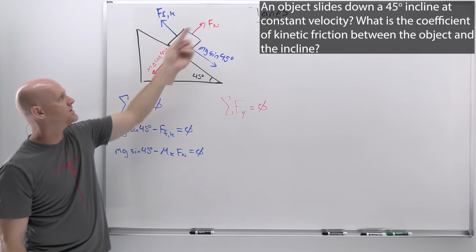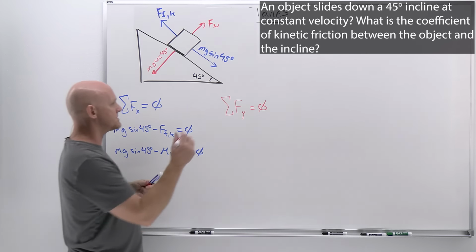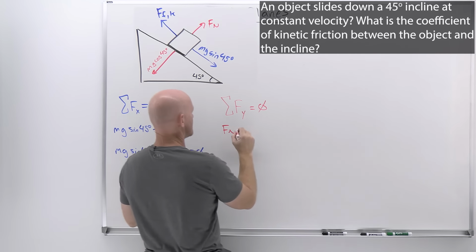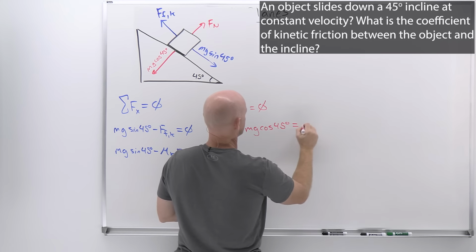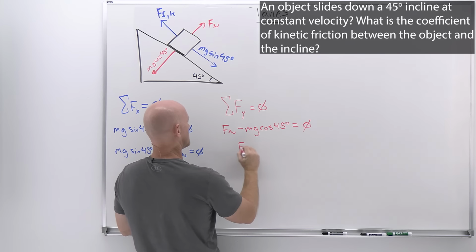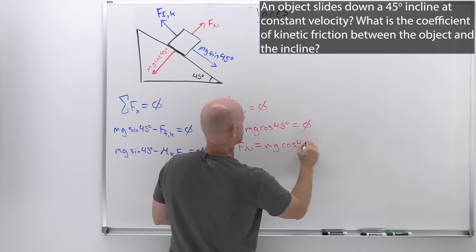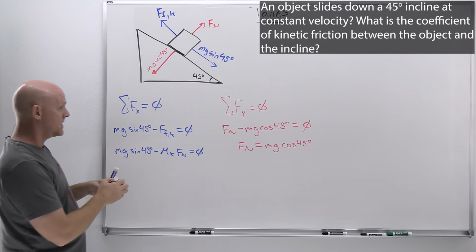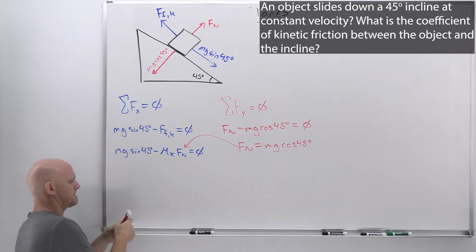But we can kind of infer it's going to equal mg cosine 45. And how would we get that? Well, from the sum of the force in the y direction. So the normal force is, we'll think positive, minus the mg cosine 45 adds up to 0, and so that normal force must be mg cosine 45 degrees. All right, so from here, we're going to substitute that in right here.